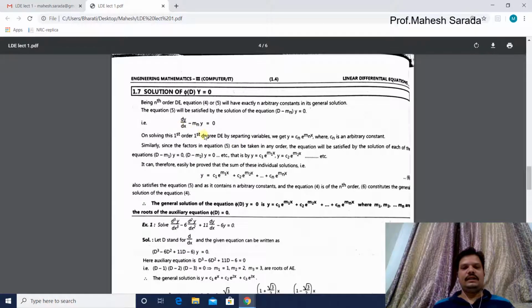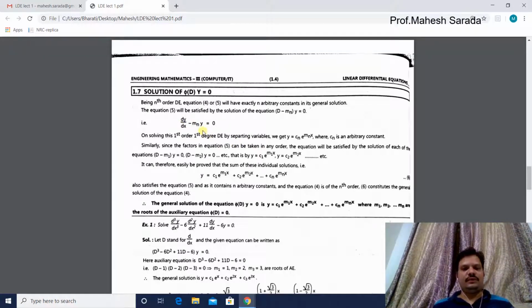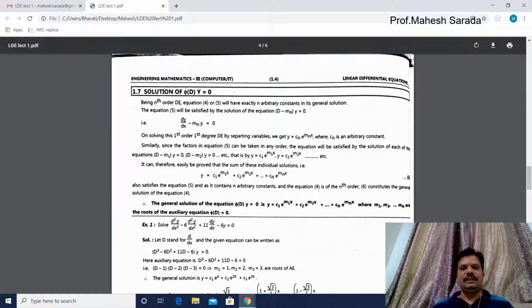If we take its variable separable form, which we already learned in differential equation in first year, we can find its solution y is equal to cn e raised to mn x, where cn is an arbitrary constant. So for an order 1 degree 1 differential equation, the solution is like y is equal to c1 e raised to m1 x or y is equal to c2 e raised to m2 x, if m1 and m2 are the roots. Similarly we can get n roots for an nth order linear differential equation.